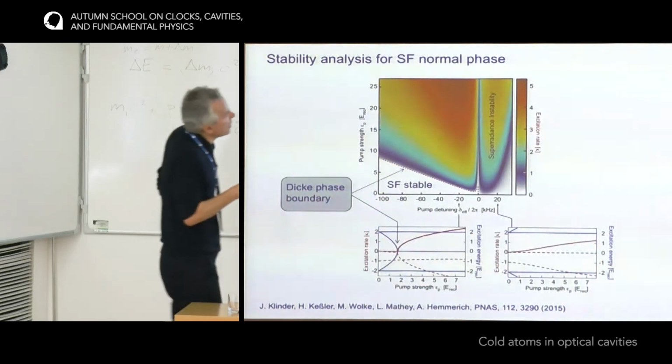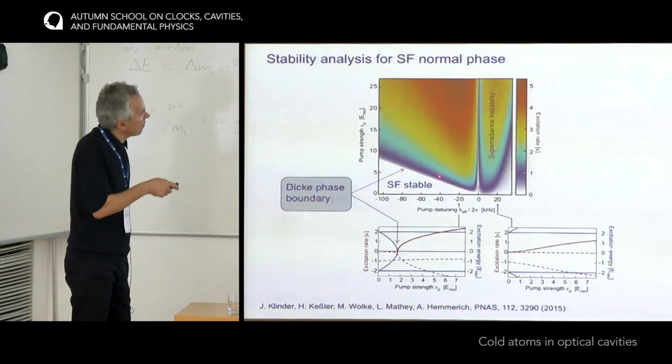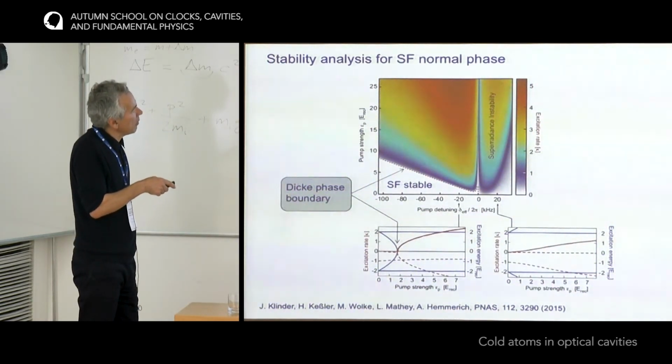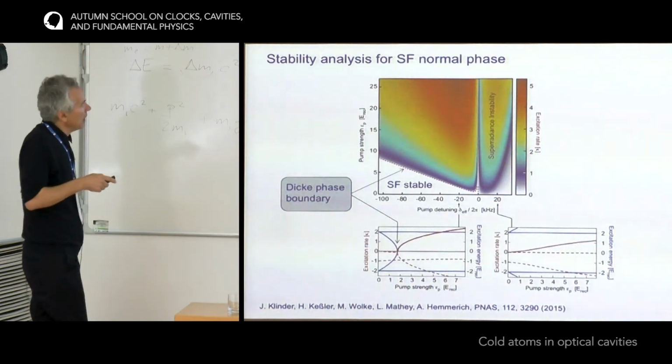This rate is plotted here, and you see white is 0 and red is large. So you're running into a situation where the Bose-Einstein condensate state or superfluid state becomes strongly unstable. This is what the color code means.